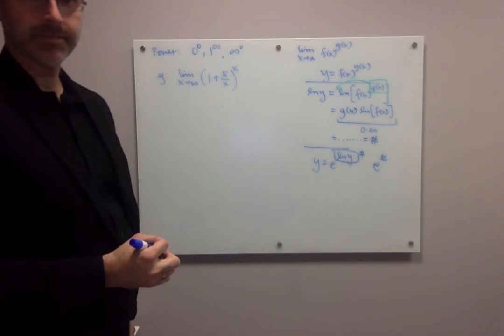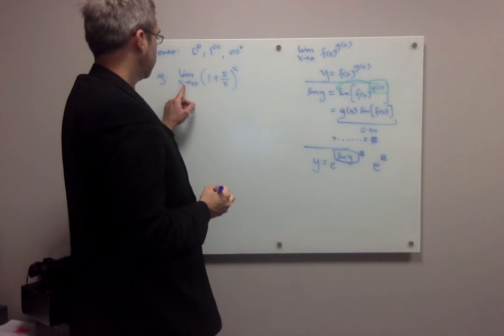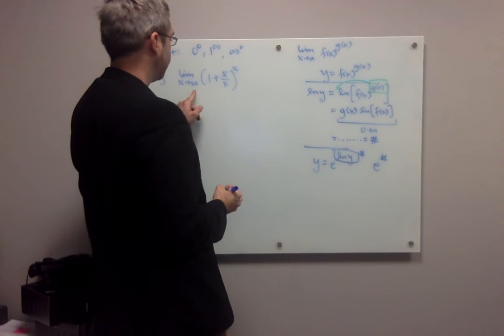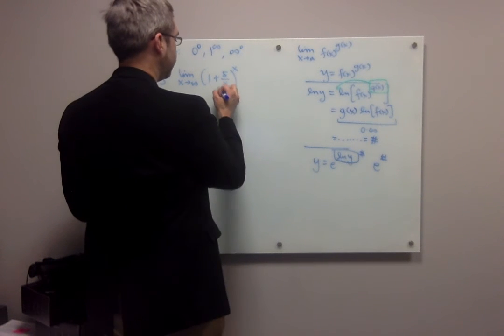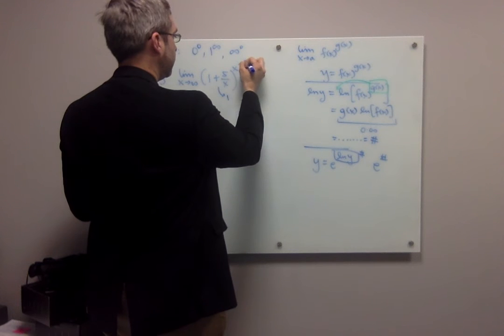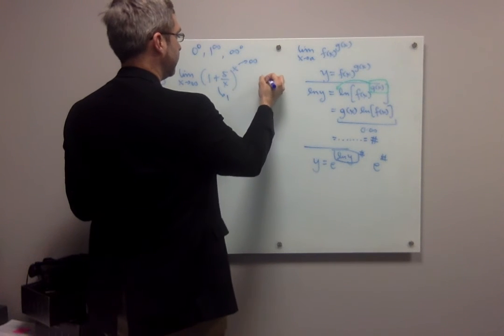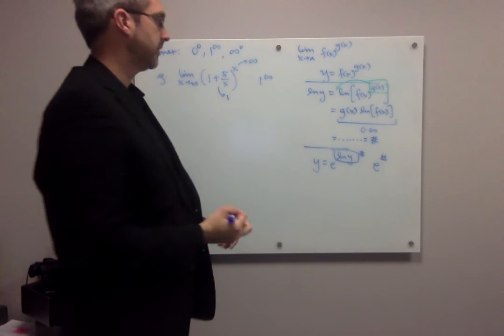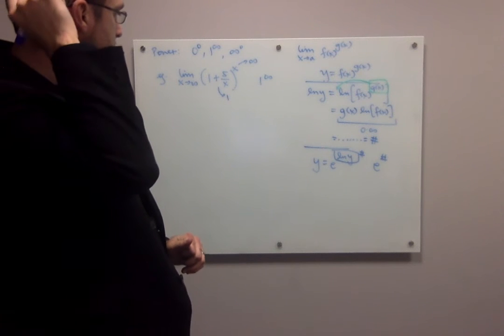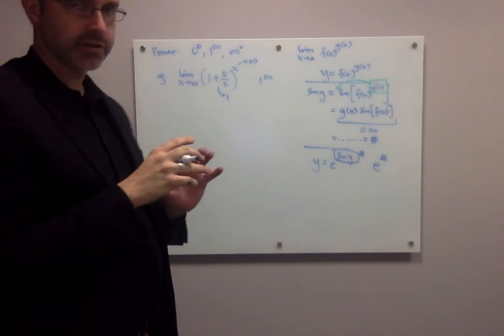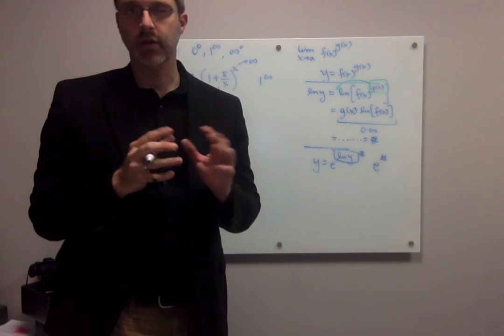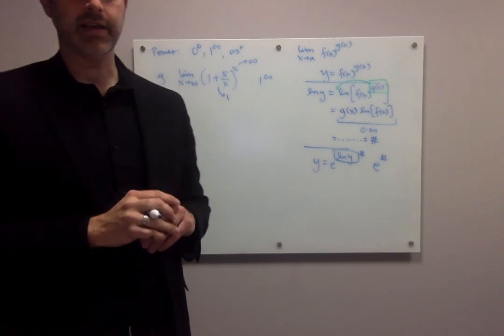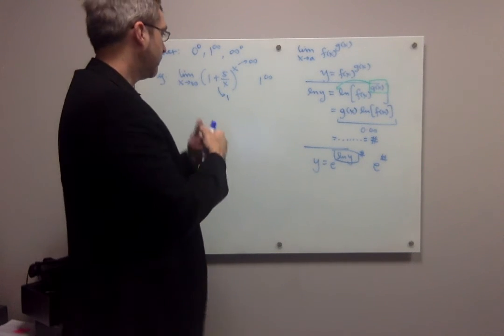So notice that the inside goes to 1, and the power goes to infinity, so I have a 1 to the infinity type. 1 to any power should be 1, but any number bigger than 1 to the infinity should end up getting big. So these, again, fight with each other.